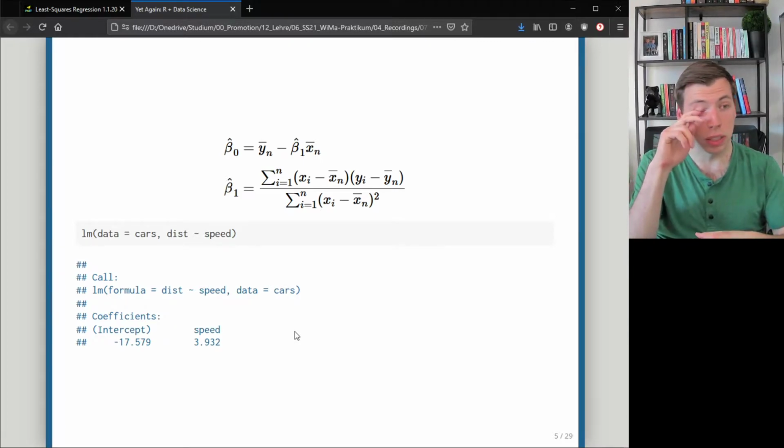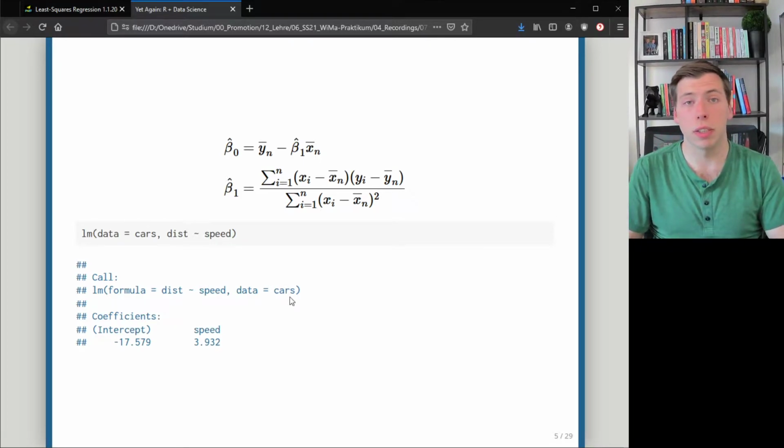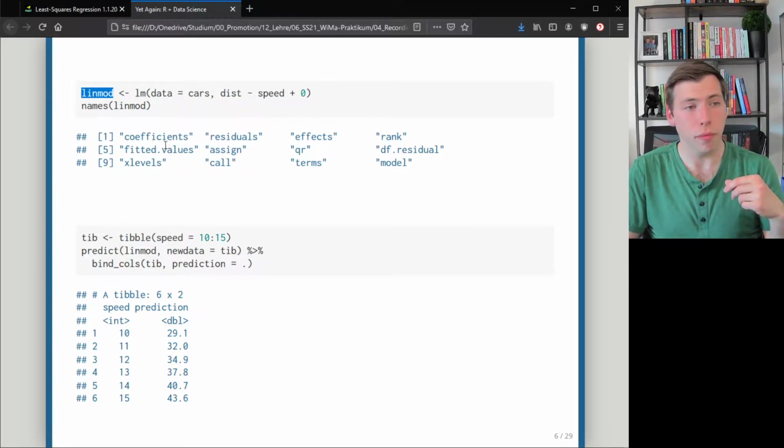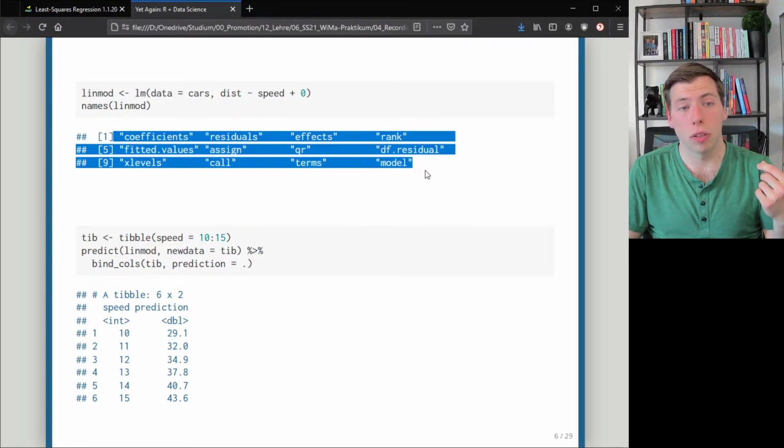Okay, that's basically how you can easily compute a linear model for this data set, but this lm function does even more than simply giving this output. If you, for instance, save this into a variable, let's call it linmod, and know that you have a linear model in there, then if you call names of linmod, you see that there's a lot of information in there.